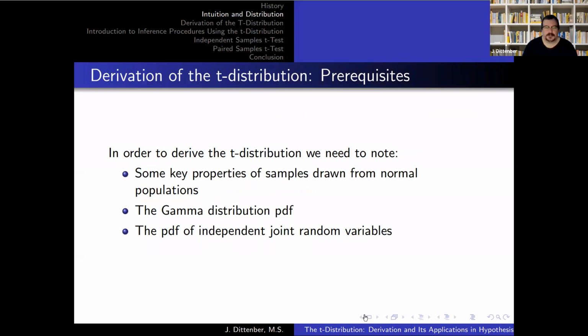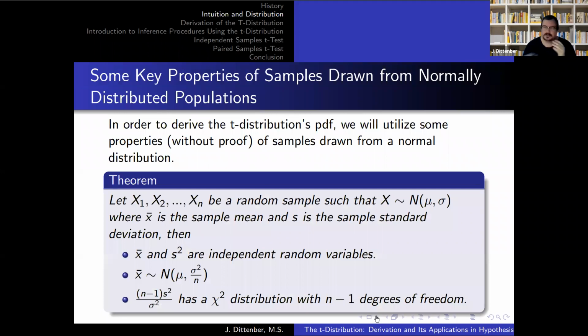We're going to start by looking at our test statistic, our t-score, and we're going to use properties of samples drawn from normally distributed populations. Namely, we'll be using the fact that we can get these two random variables, that X bar has this distribution, and that this term here has a chi-squared distribution.